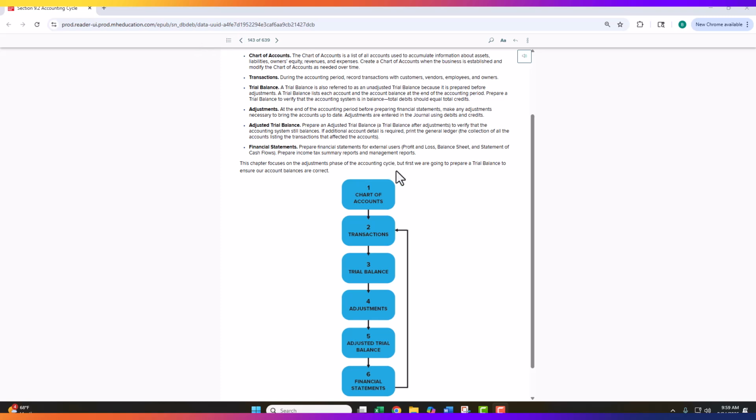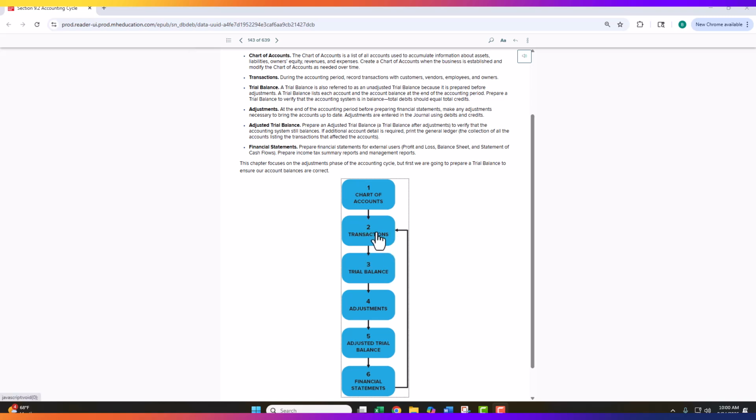With the setup of the chart of accounts, we design the names of all the different asset, liability, equity, revenue, and expense accounts that we use on our financial statements. We create the chart of accounts when the business is first established, and then we typically modify it as needed over time. Now we get into the recurring steps.